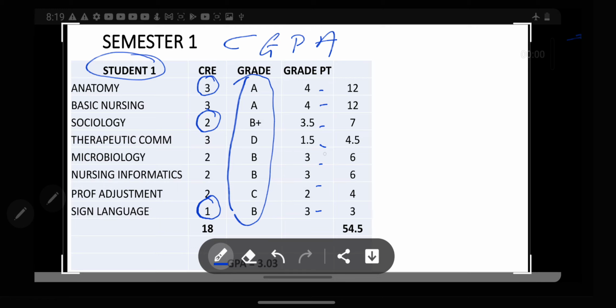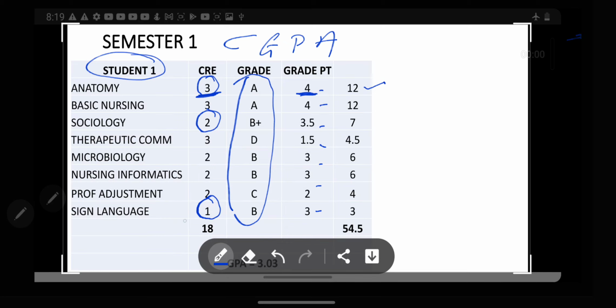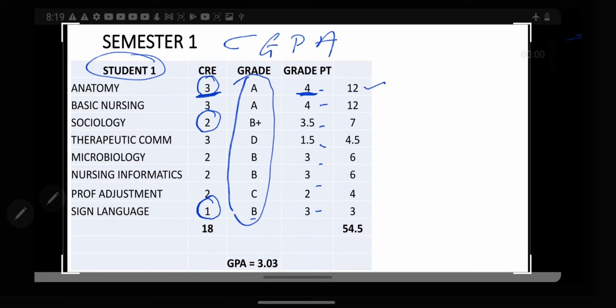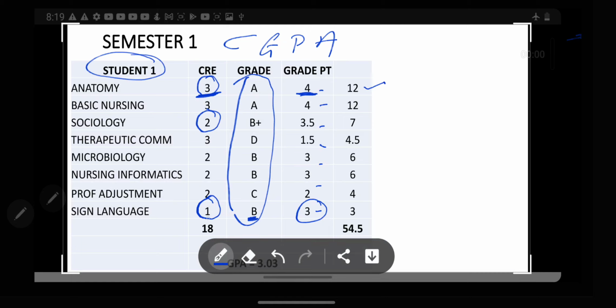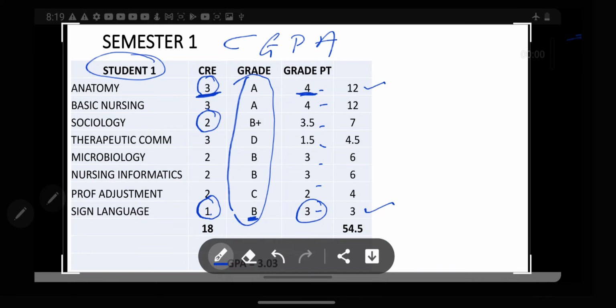To know your total performance at the end of the semester, you multiply the grade point of each grade by the credit hours of that course. That's how we got these 3. In sign language, the person had B, and the grade point for B is 3. Sign language is a 1 credit hour course, so 3 times 1 gives you this 3. Okay, good. So this is how you get your grade points.